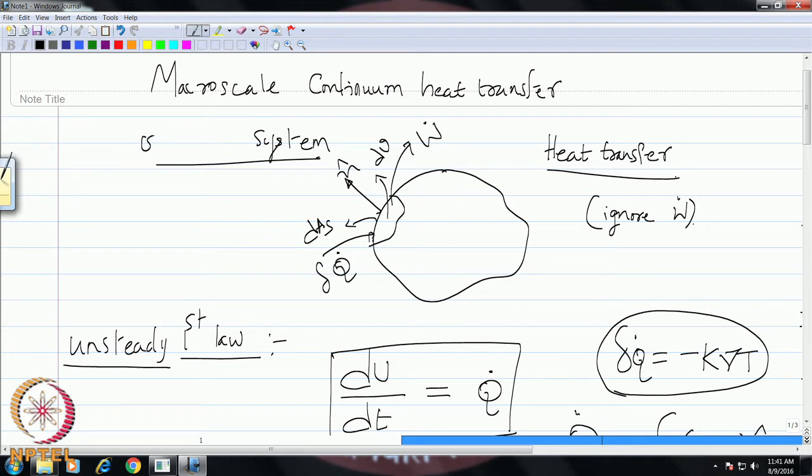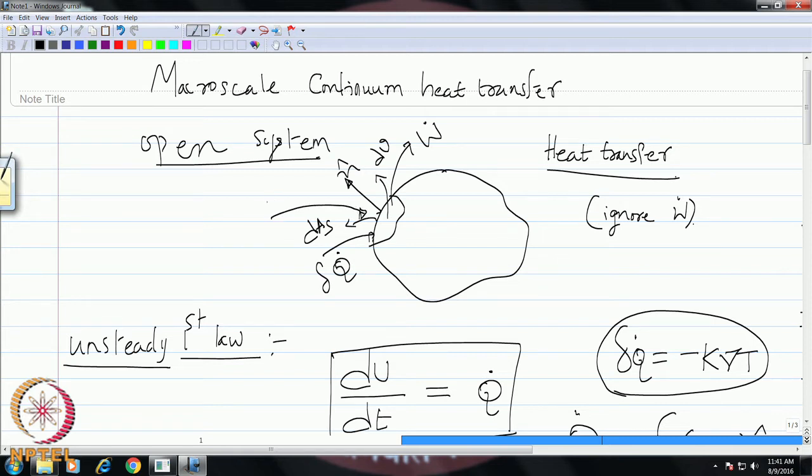So, we will just extend this to the case of an open system, because if you want to derive the convection equation, you have to do this for the case of open system, and you also have to consider the mass transport and the corresponding transport of enthalpy due to mass.